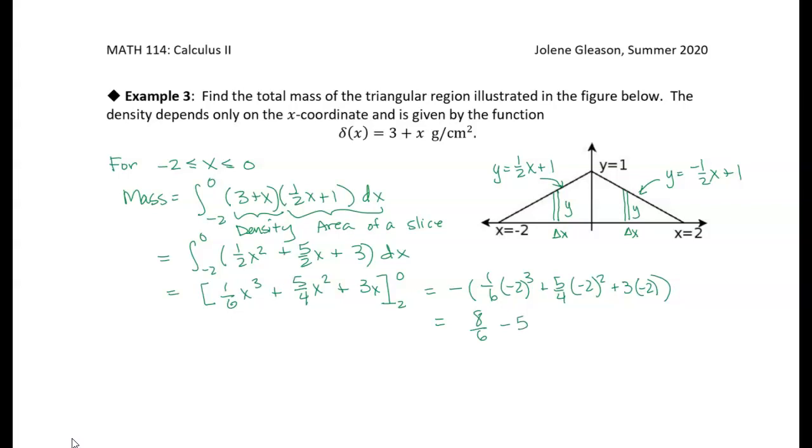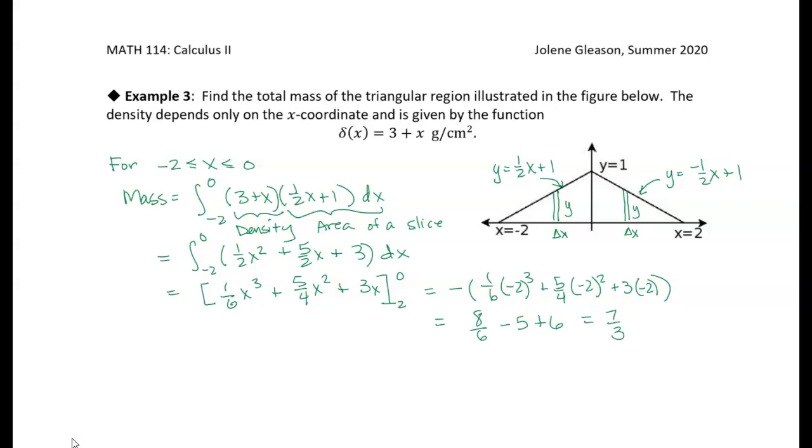And then I have -6, but it's a minus -6, so it becomes +6. When I add that all up, I'll get 7/3. All right, well, that's half the triangle.